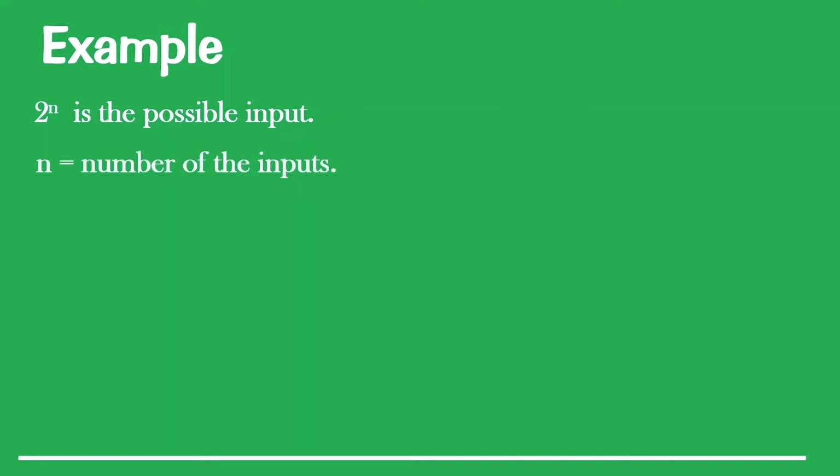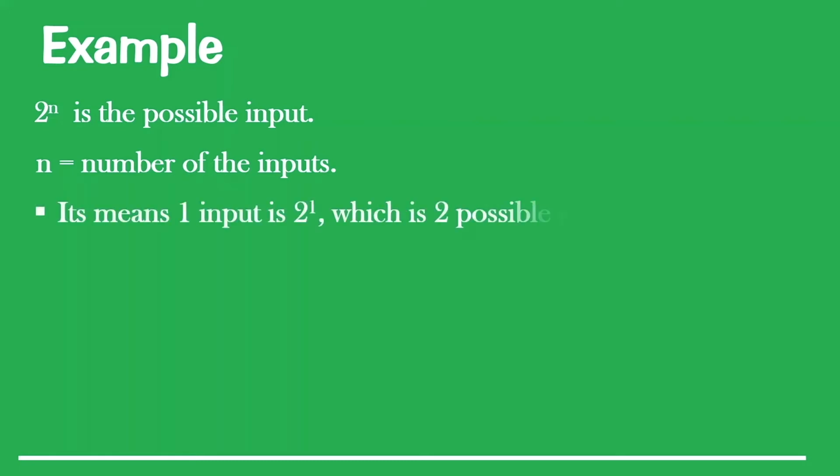For example, 2 to the power n is the possible input, and note that n is the number of the inputs. It means one input is 2 to the power 1, which is 2 possible inputs.